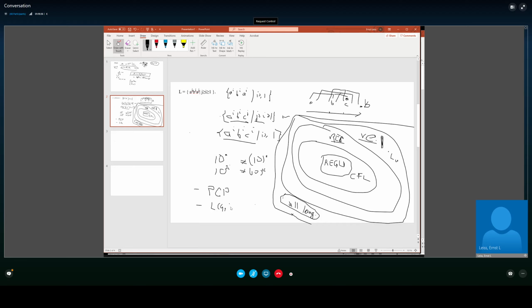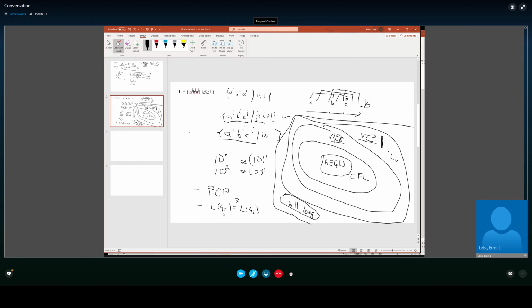Given two context-free grammars, do they generate the same language? That is another one of those cases where we didn't show that, but I'm telling you that the equivalence problem for context-free grammars is one of those problems that is RE but not recursive. You can easily see that there is a Turing machine for that problem.